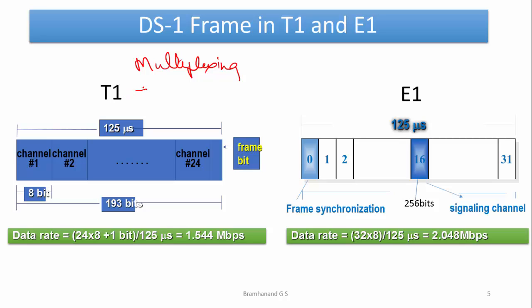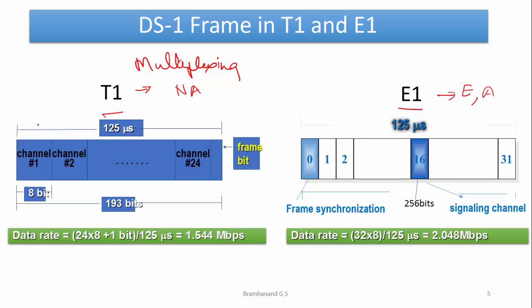T1 is a standard which was adopted in North America, and E1 is a standard adopted in Europe and Asian countries. So once we multiplex DS0, we get DS1. It could be a standard based on T1, or a standard based on E1.